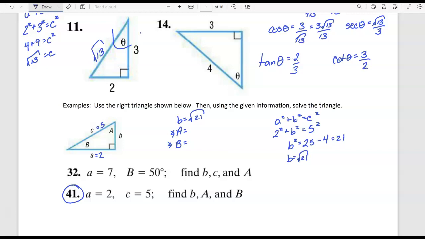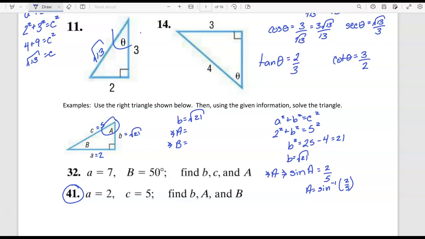So now let's figure out, how do we find angle A? Okay, that's this angle. Well, we could use sine to figure that out. We know sine of A is going to be equal to opposite divided by hypotenuse. So to figure out what A is, we can take the inverse sine of 2 over 5.